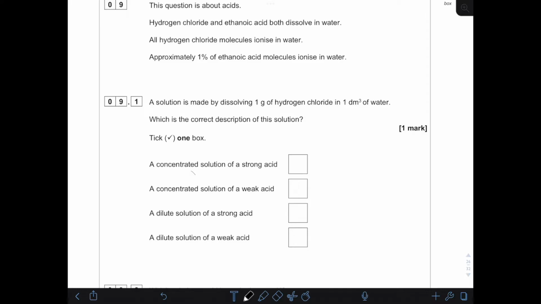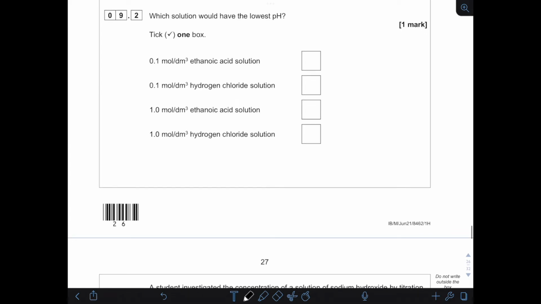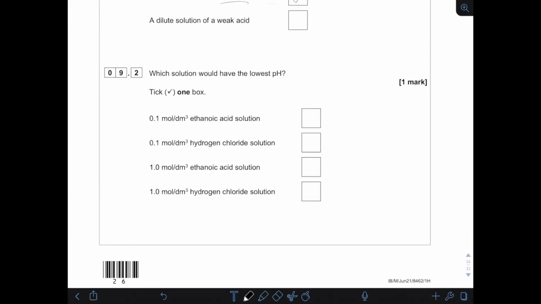So it's neither this or that. HCl is a strong acid because it fully ionizes. That's the definition of a strong acid. So this is a dilute strong acid. Which solution has the lowest pH? A low pH implies a high concentration of free-flowing protons or hydrogen ions.